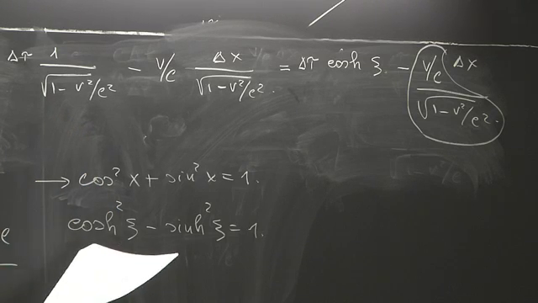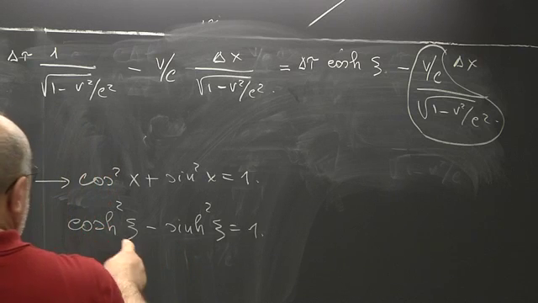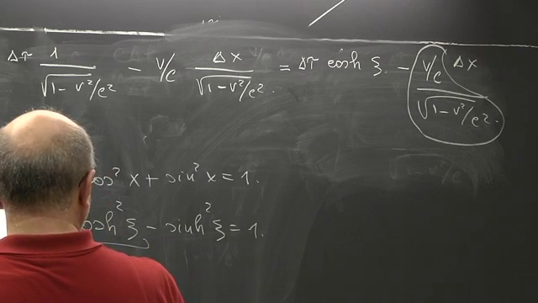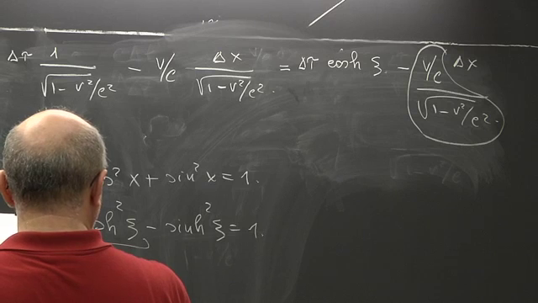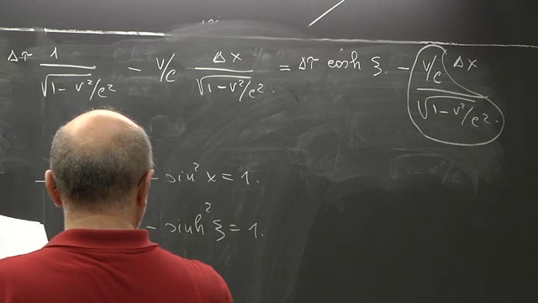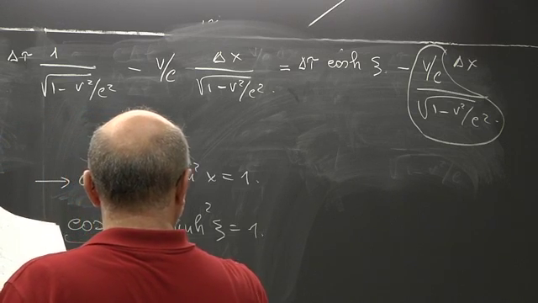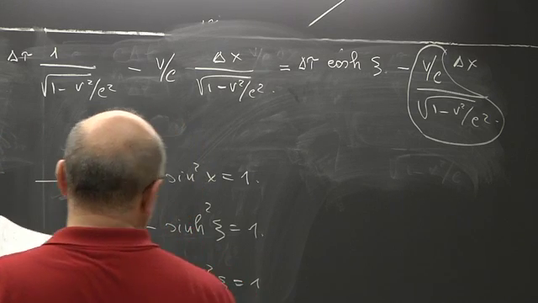I imagine that all of you know this. So let's insert here the expression: cosine hyperbolic squared is 1 over 1 minus v squared over c squared, minus sine hyperbolic squared of psi equals 1.